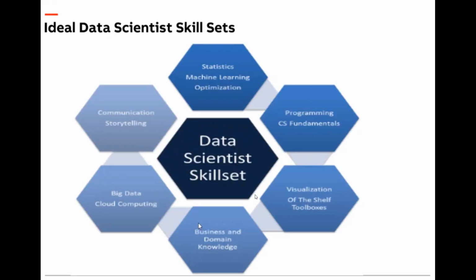These are the ideal data scientist skill sets. If you want to become a data scientist, you have to possess these skills: statistics, machine learning, optimization, programming, and of course visualization.